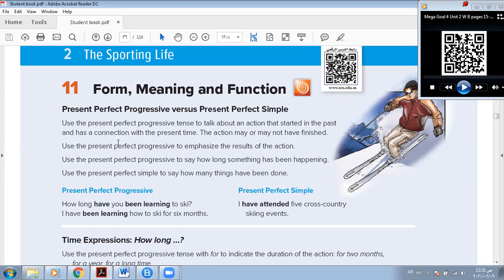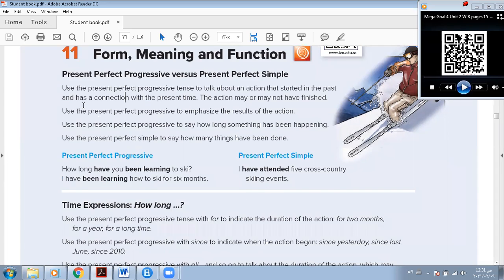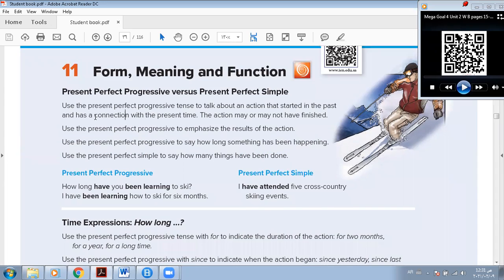I explained the present perfect progressive and the present perfect simple. And I told you if we want to use the present perfect progressive, we use it when we want to talk about an action that started in the past and has a connection with the present time. And the action may or may not have finished.